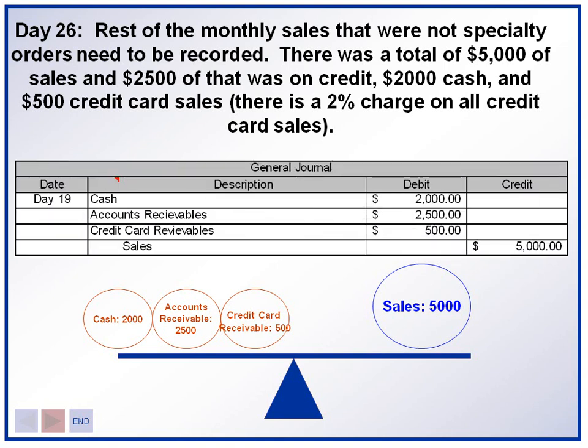To record this transaction, our cash account increases by $2,000. Our accounts receivable increases by $2,500, and our credit card receivables increase by $500, all asset accounts. Our sales account, an owner's equity account, increases by $5,000 in this credit entry.